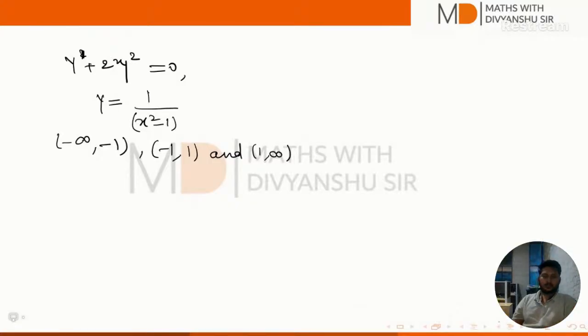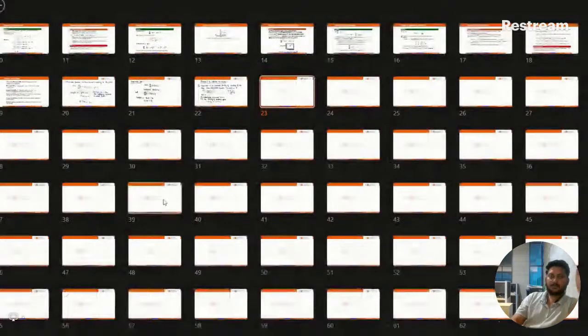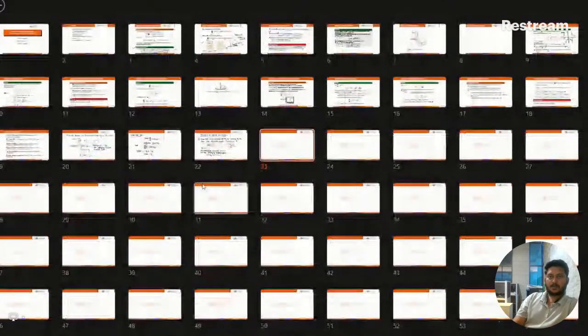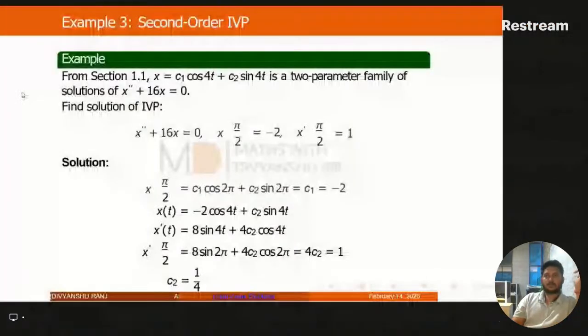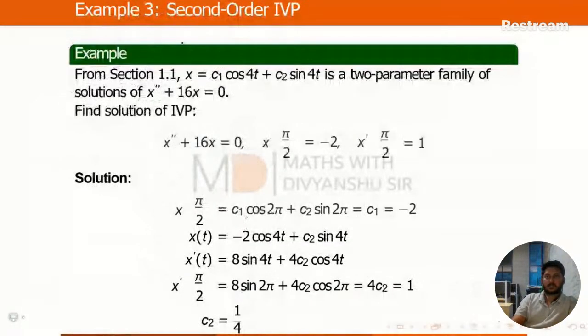Now come to the second order initial value problem, and let's check with one example. Here is one more example, which is based upon the second order initial value problem. First I will explain this, so now come to the slide part.